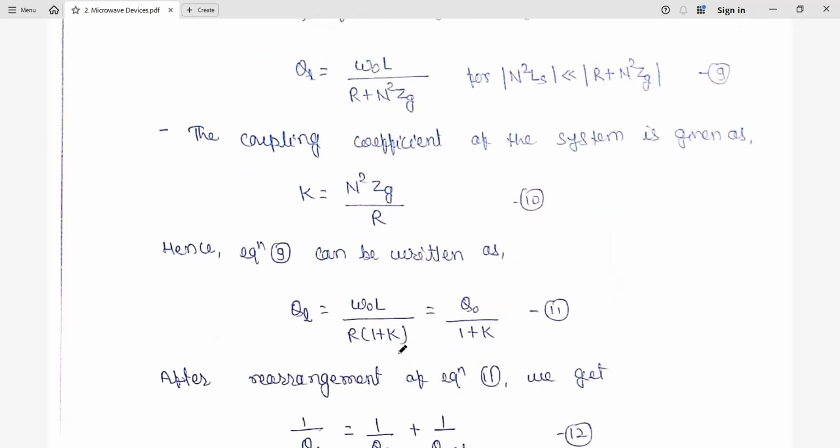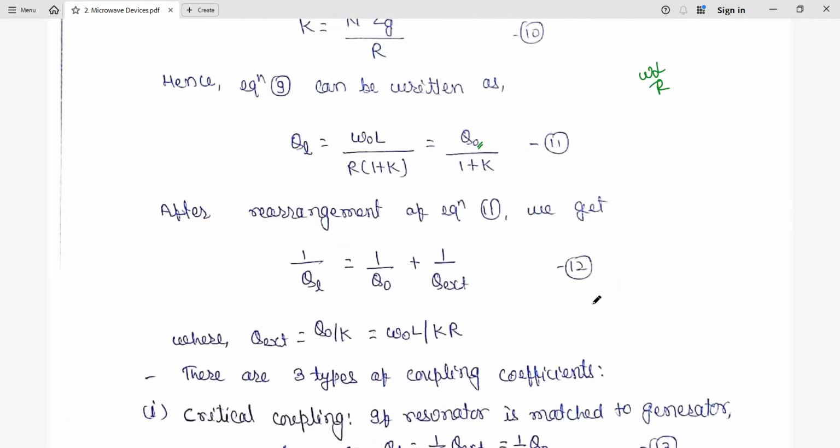Now if we write this in terms of the unloaded quality factor, that is omega naught L by R, in place of that we write Q naught, and the remaining is 1 plus K in the denominator. After rearranging equation 11 and simplifying, taking reciprocals, we have 1 by QL equals 1 by Q naught plus 1 by Q external, where Q external is Q naught by K, or omega naught L by KR.